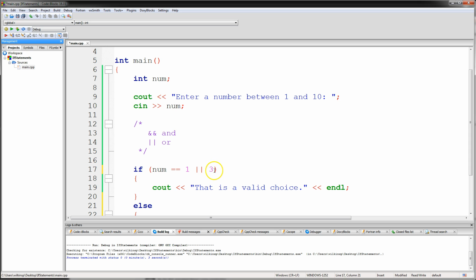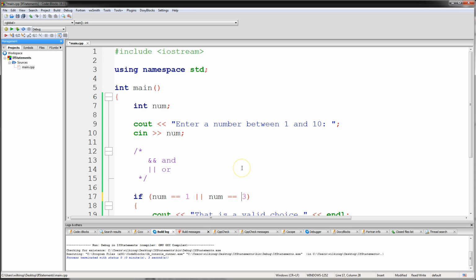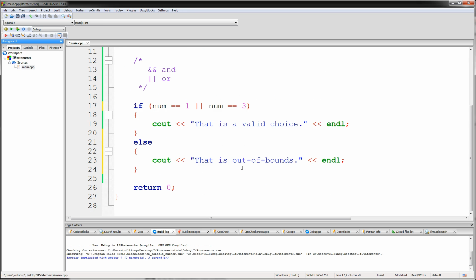It's just that 3 will be interpreted as true. Not what we want here, because it just looks at 3 and num equals 1. If we wanted to check if num is equal to 1 or it's equal to 3, we would have to have those full statements on both sides. So again, that's a brief introduction to using and and or, some more complicated constructions with if and else statements.